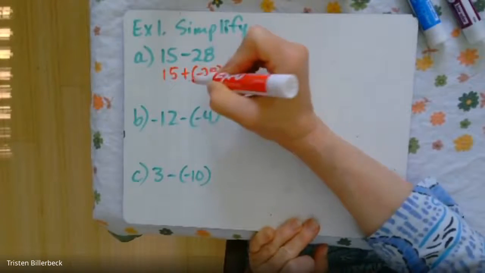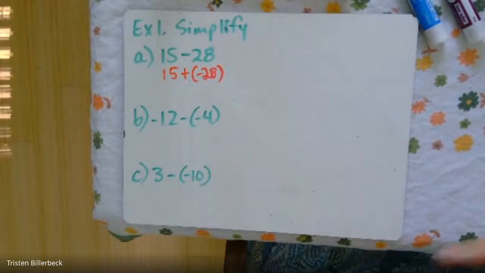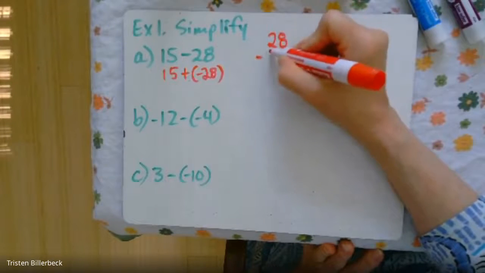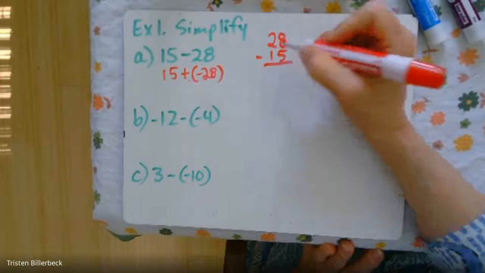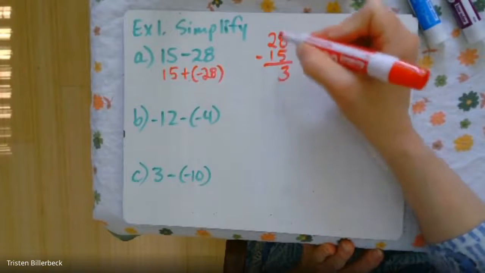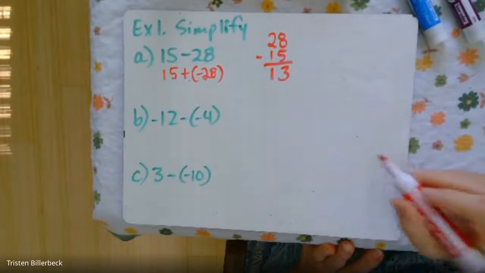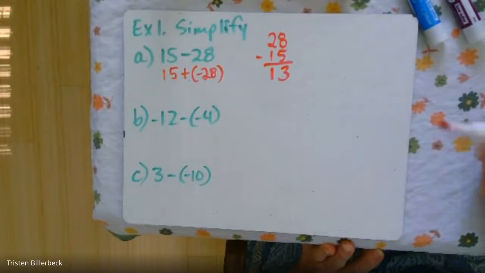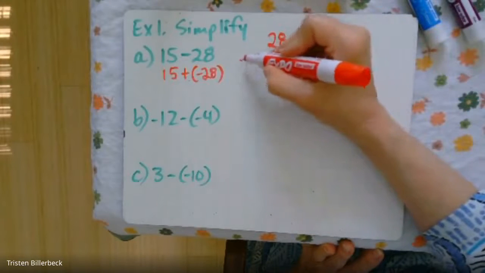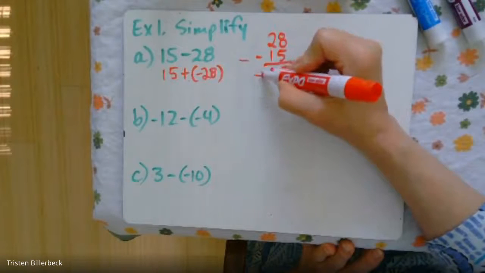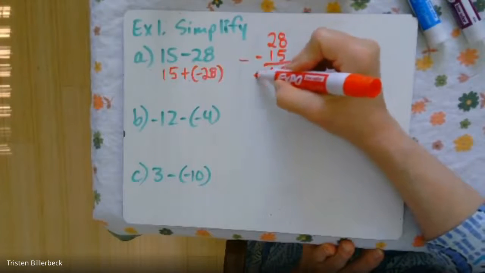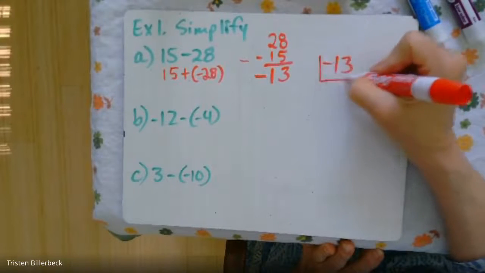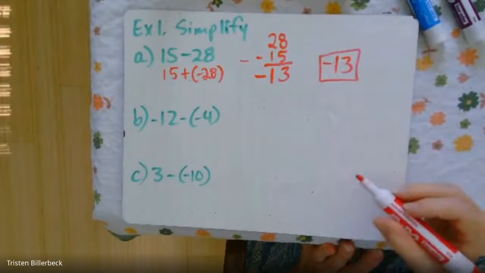So what we want to do is take 28 and subtract 15 from it, which gives us 13 here. And we look at the bigger number, it's negative. So our answer then is going to be a negative answer. So the answer for this one is -13.